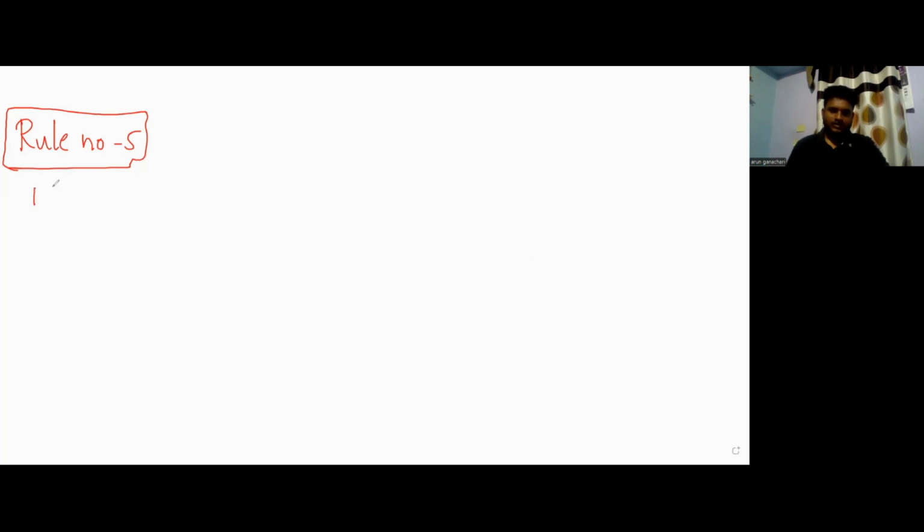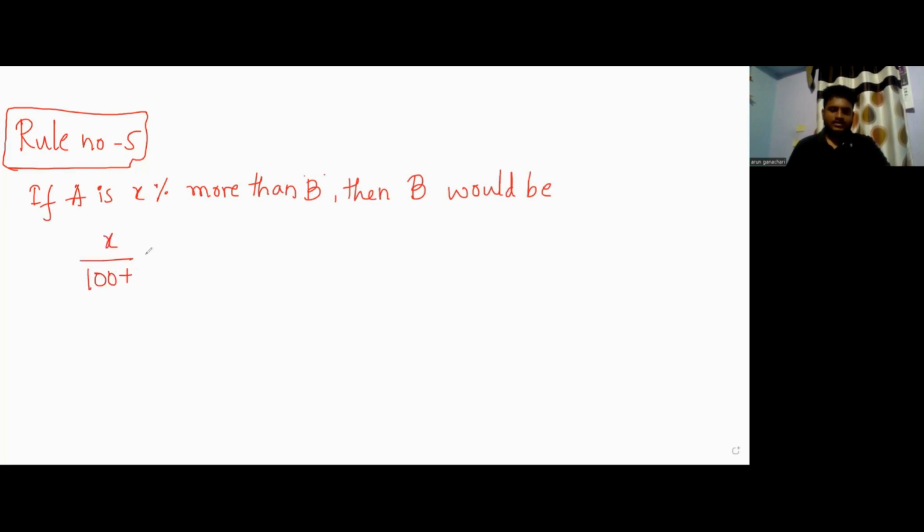The rule says if A is X% more than B, then B would be X upon 100 plus X into 100 percentage less than A. This is a very important thing.